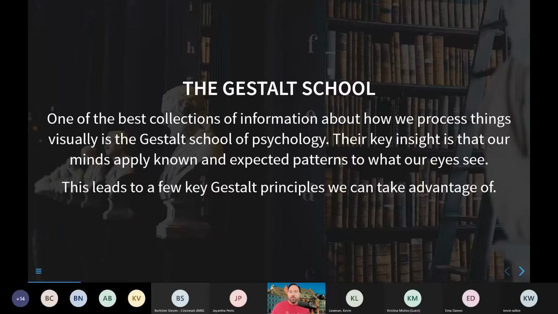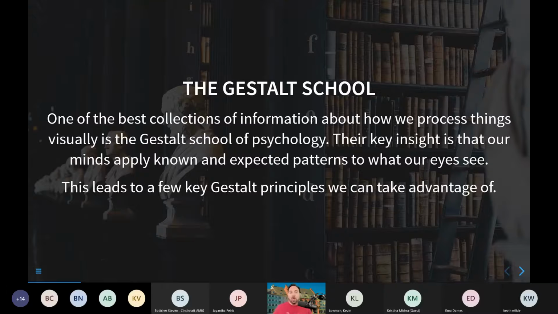Essentially, how does sense information come to a person and have a person understand it and make sense of it? One of their key insights is that our minds will apply known and expected patterns to what our eyes see. So we don't have to think about that as a square. Instead, we see the square and later on realize, oh yeah, that's a square.